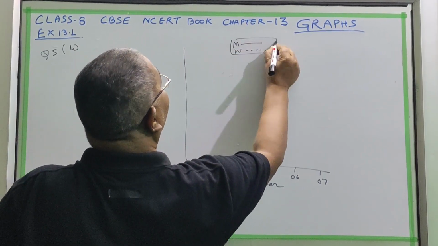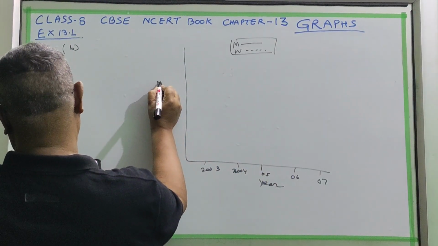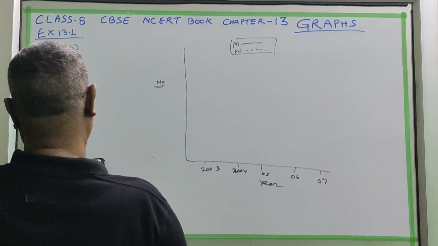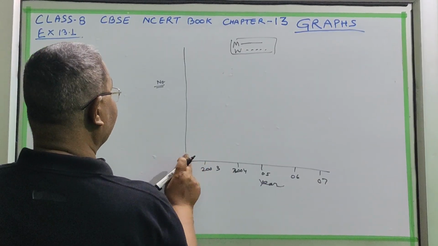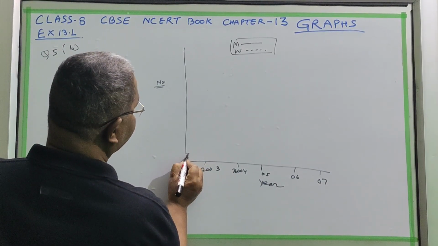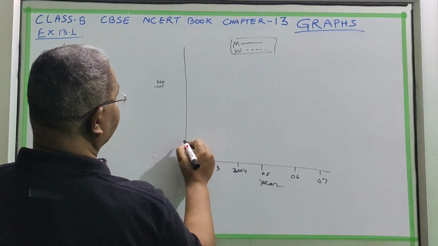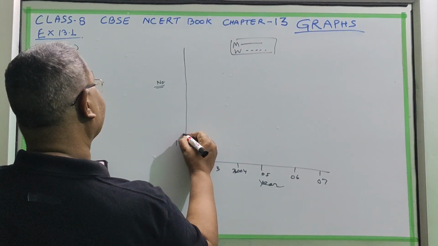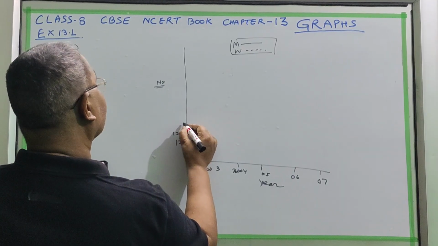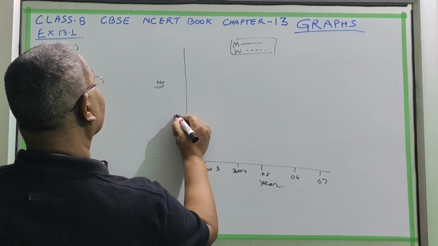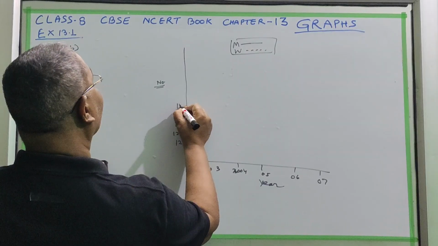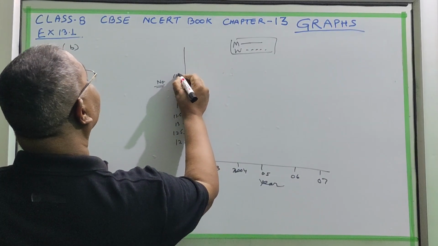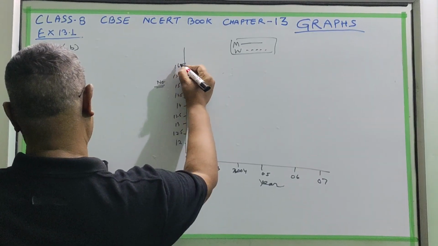Okay, so here number of workers you have to give, and here it is 12. Suppose it is suddenly starting from 12, so others we are not taking. So we can write 12, 12.5, 13, 13.5, 14, 14.5, 15, 15.5, 16, like this.